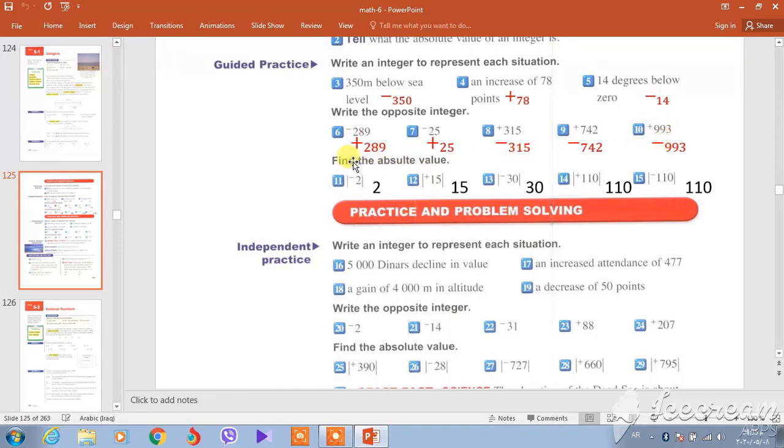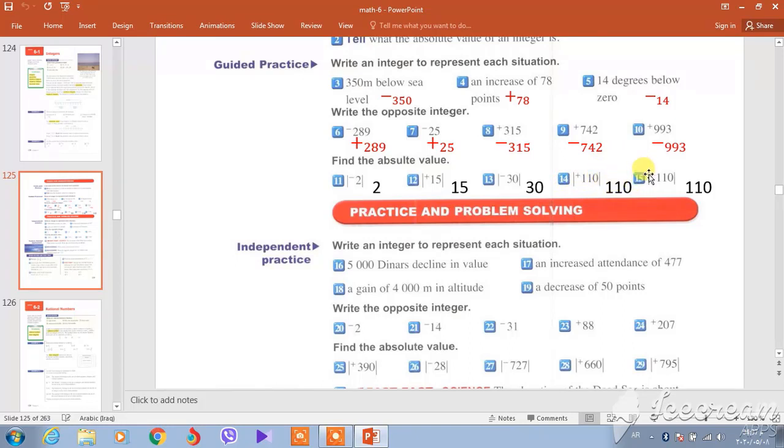In practice 11, find the absolute value of negative 2; the absolute value is 2. In practice 12, the absolute value of positive 15 is 15, the absolute value of negative 30 is 30, and the absolute value of positive 110 is 110, because the distance between zero and positive 110 is 110.